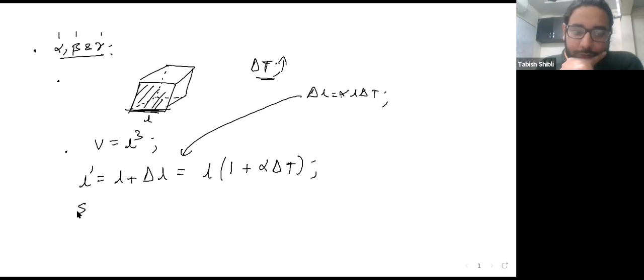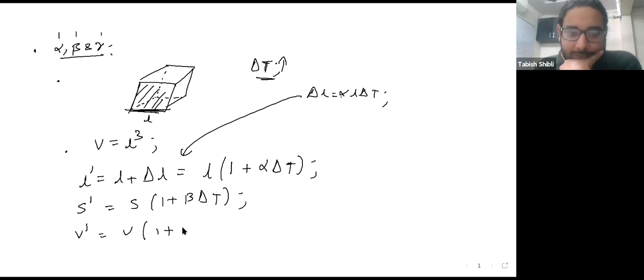Similarly, your new area is just your old area times (1 + beta delta T). And similarly, your new volume is your old volume times (1 + gamma delta T).